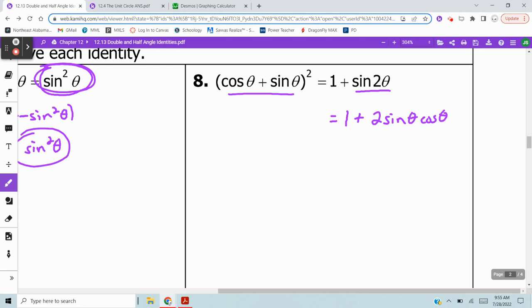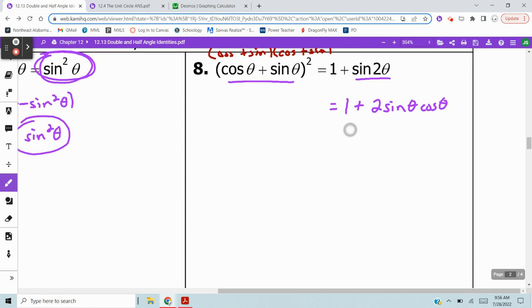So cosine plus sine squared. In order to square this out, since it is a binomial, I have to FOIL it. You can list it twice if you want to. You can do cosine plus sine times cosine plus sine and actually distribute it out that way.